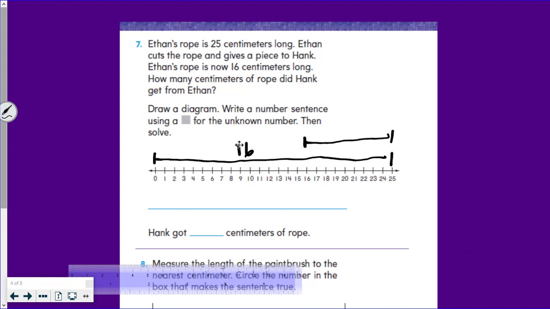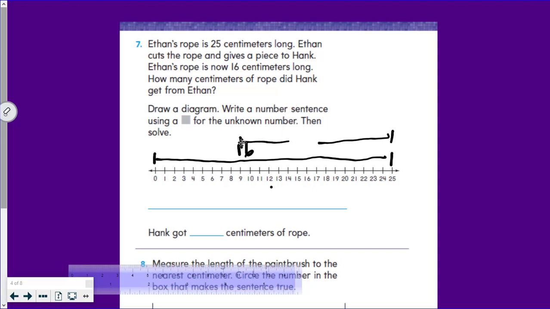So we know this, right? Actually, hold on. It's now 16. So we got to go back 16 hops. So 1, 2, 3, 4, 5, 6, 7, 8, 9, 10, 11, 12, 13, 14, 15, 16. So all the way to the 9, if I counted right.